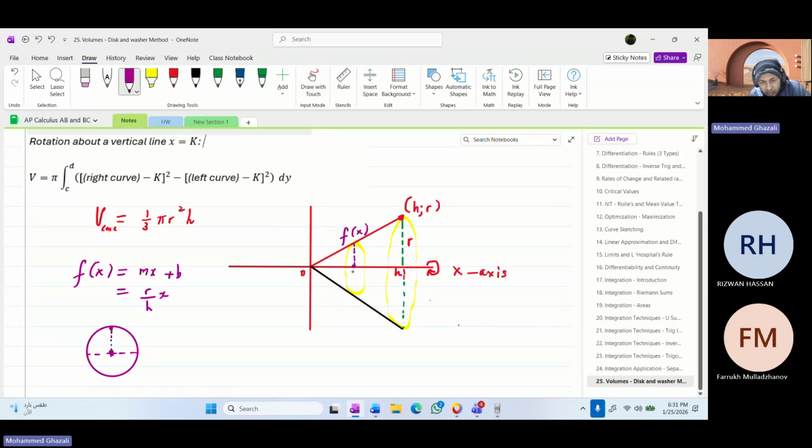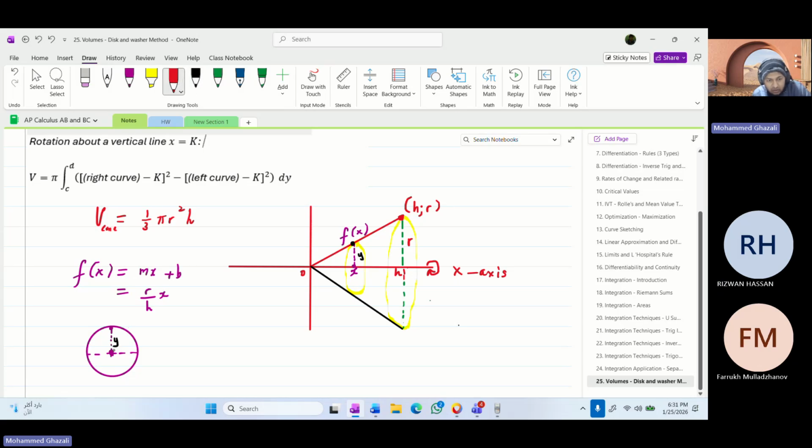If I take a general point x, any point from 0 to that point x, the distance from 0 to x will be x, right? And what is the height? The height is the y, the radius of the circle, and y is f of x, right? So the height is y.